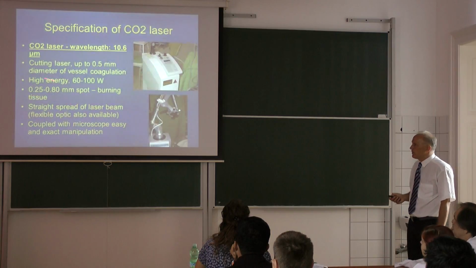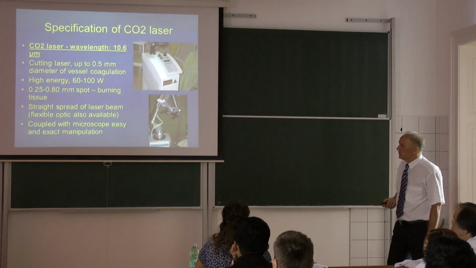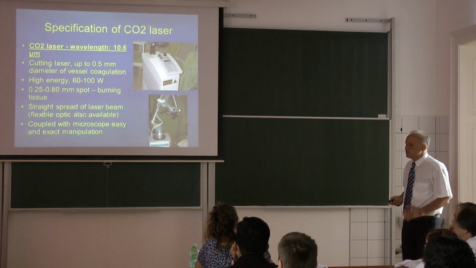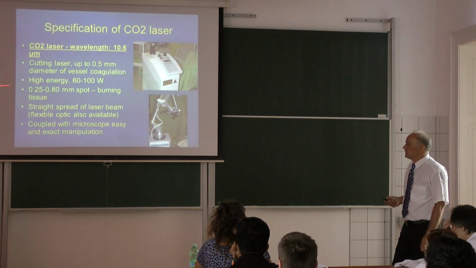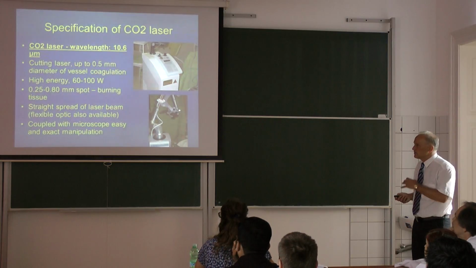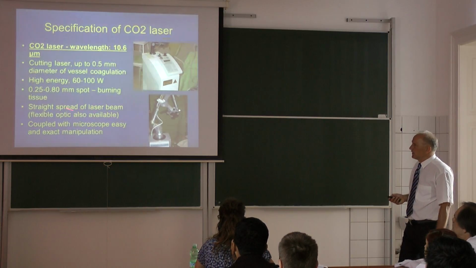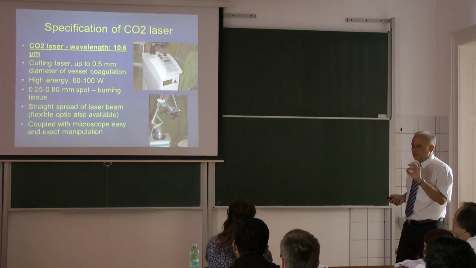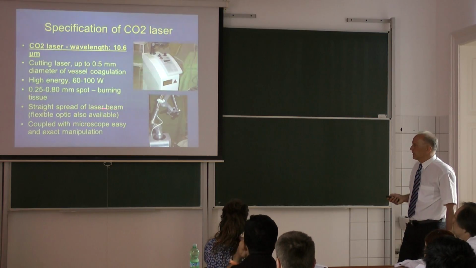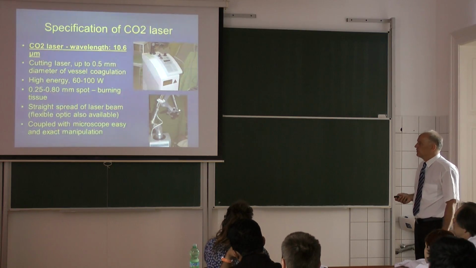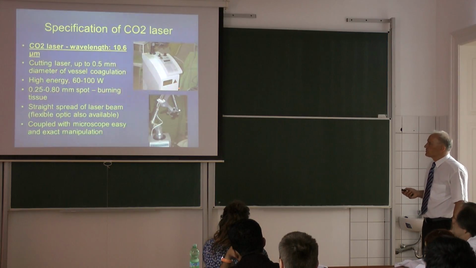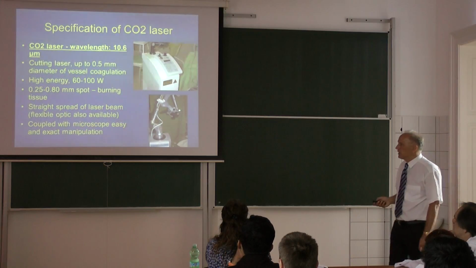This is the spot, from 0.25 to 0.8 millimeter, so it's quite a small spot, and the spread of the laser beam is straight. So we have to be very careful, and the setup should be very precise to reach the area we aim to resect or cut. And this is coupled with a microscope for exact manipulation.